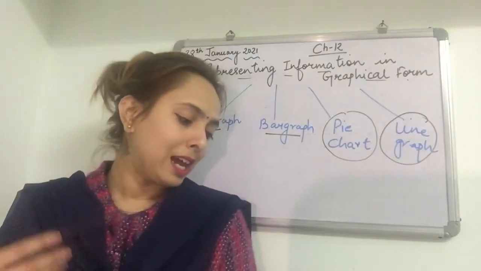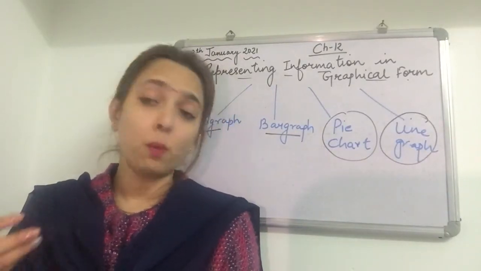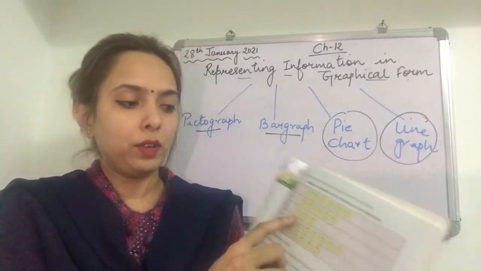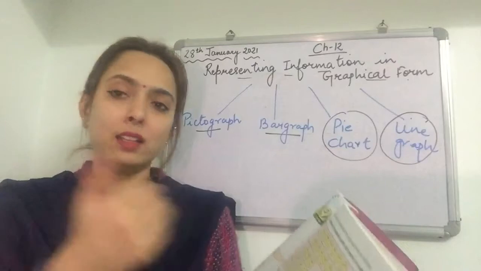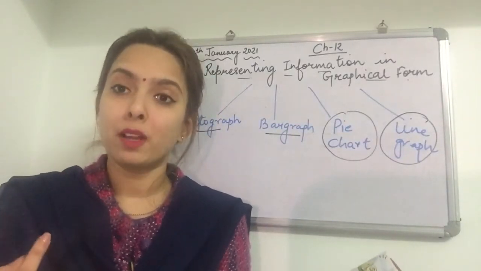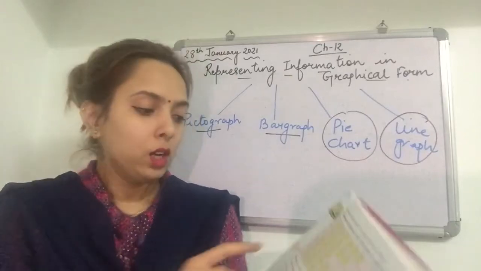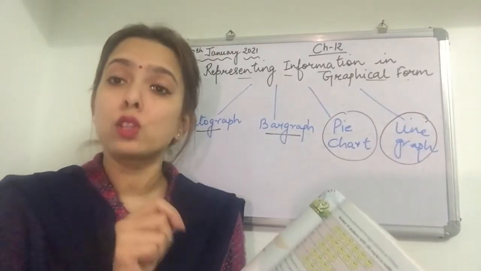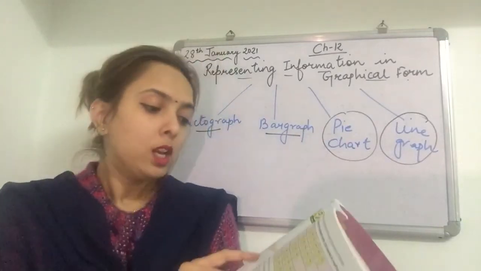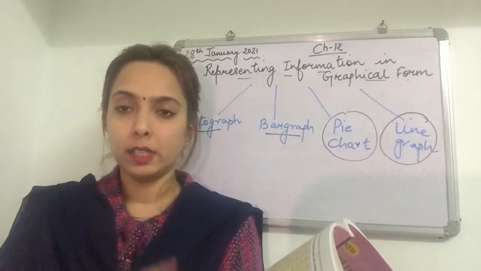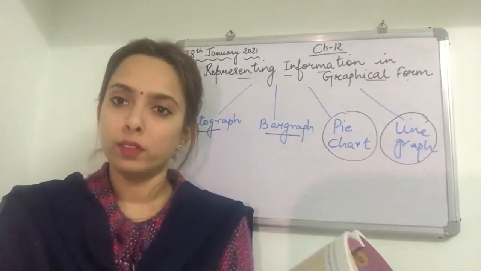In the same way, from class 3 three students have scored 100 marks, so we have made 3 smileys, and so on. Each smiley is representing one student. So this is the scale given to us. This also we have to mention every time. Here, one smiley represents one child. So in this way we can solve the questions.